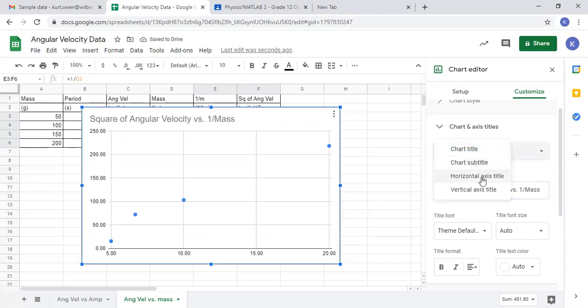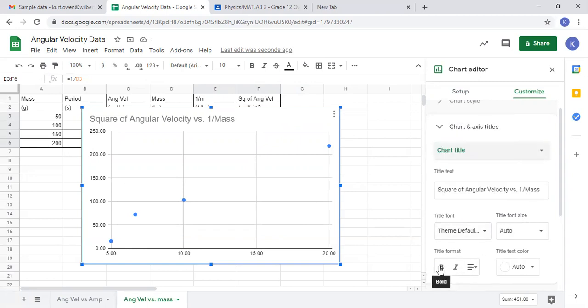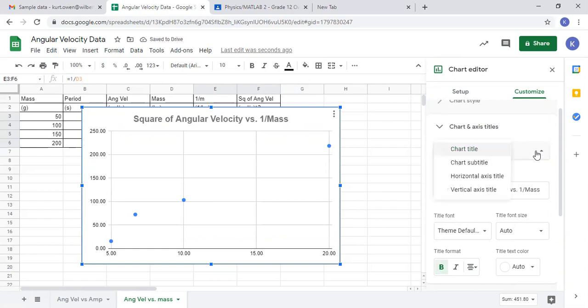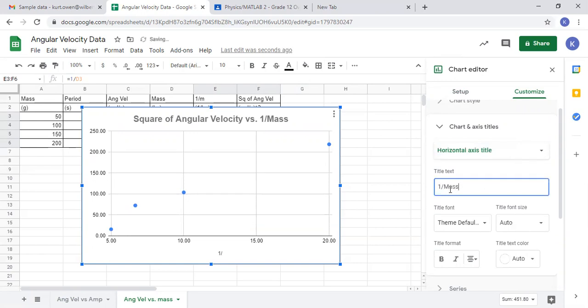I want to get my horizontal axis title. Whoops. Oh, and I probably want to center that. So let me go back to chart title. And for format, let's make it bold and center it. That looks better. Okay. Horizontal axis will be 1 divided by the mass.